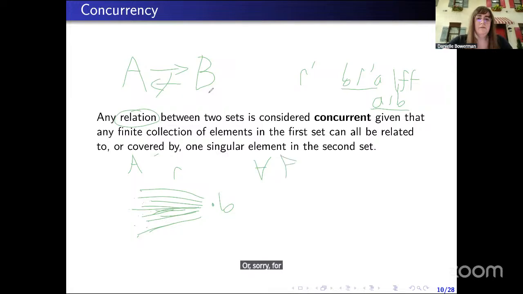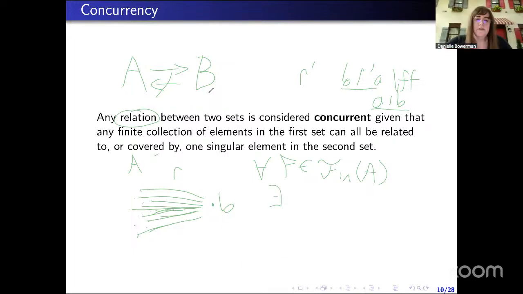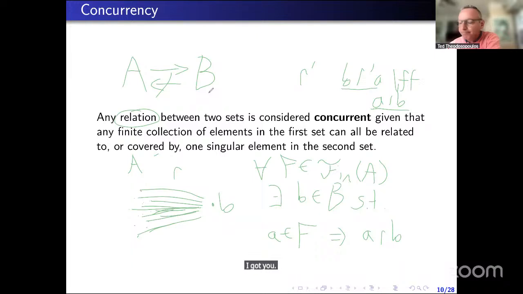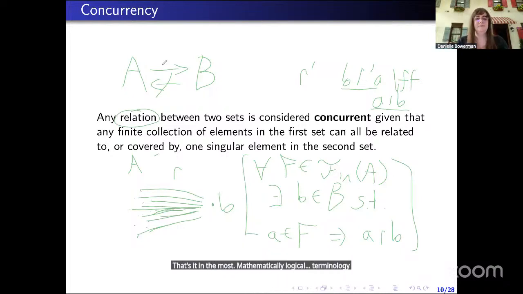For all F in the finite subsets of A, there exists some B in B such that A in F implies A R B. I got you. Okay. That's it in the most mathematically logical terminology. Any other questions?